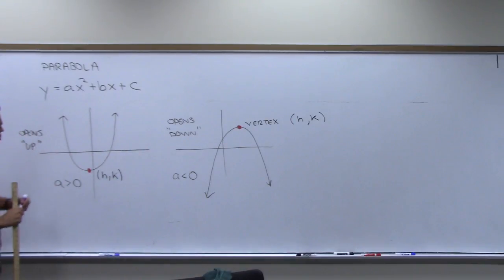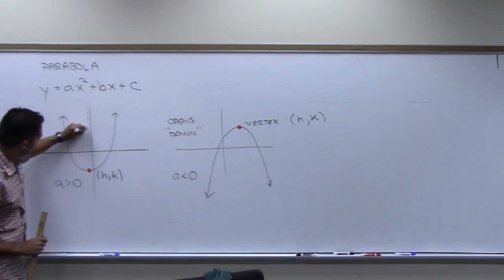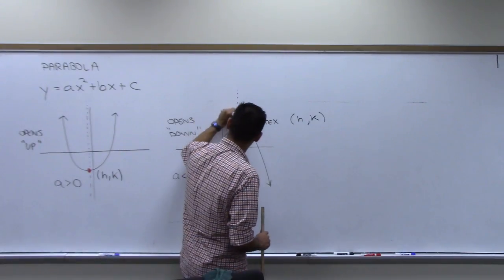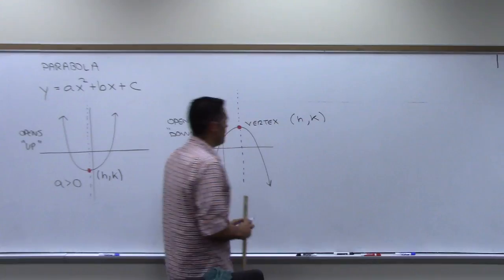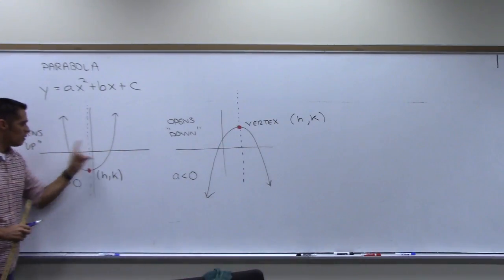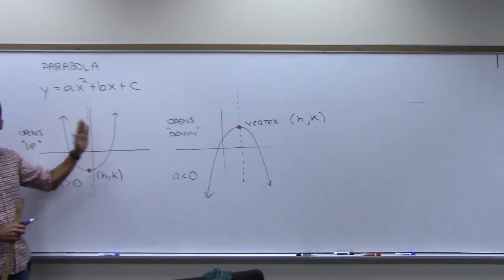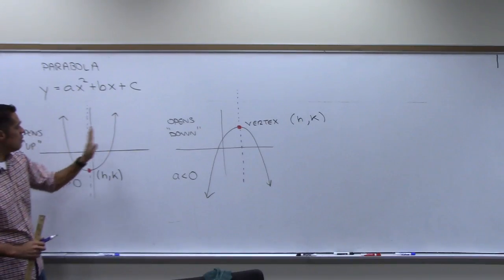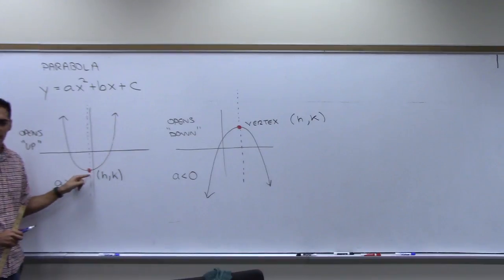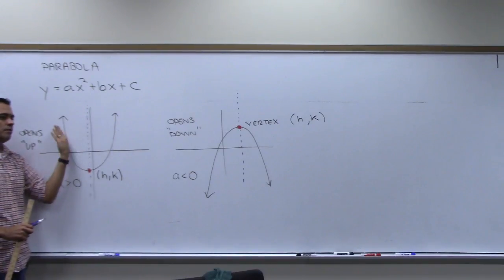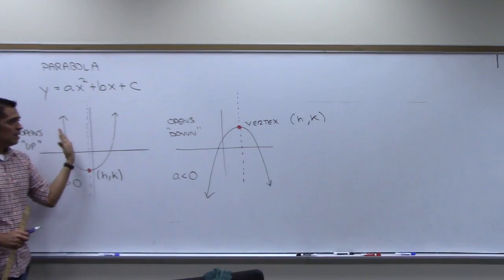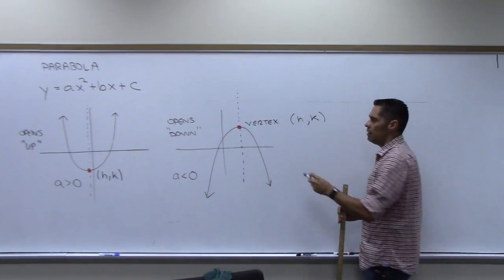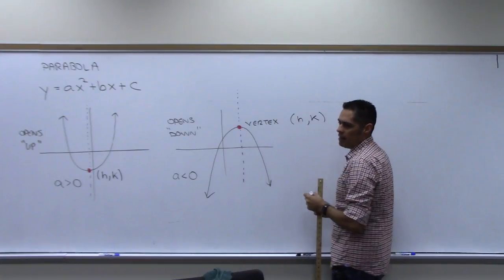Now we also have another thing happening here that we need to look at. If you draw a vertical line straight through the vertex, straight down, and over here, straight down, the parabola should be a mirror image of itself over that line. If I take this side of the parabola and reflect it over that line, it should land right on top of the other side. And the same thing over here, and on this one. That line has a name.